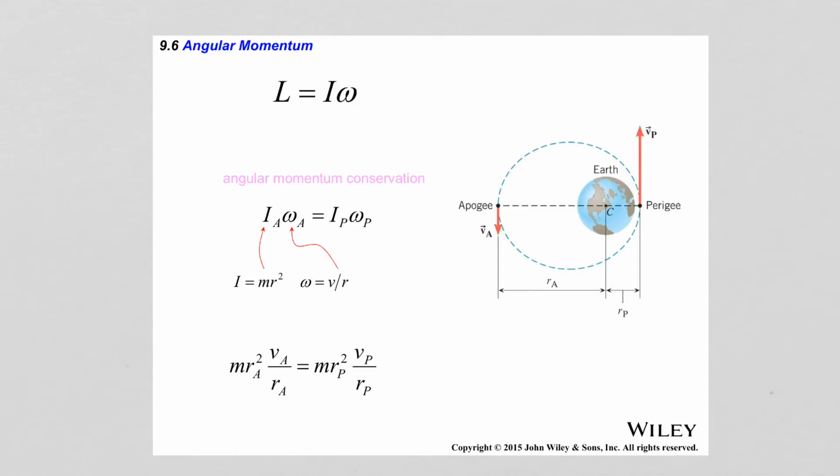It doesn't change anywhere around the orbit. That means that the angular momentum at the apogee must be equal to the angular momentum at the perigee. The angular momentum for a point particle, because the satellite is essentially a point particle with respect to the size of the Earth and the size of the orbit, is simply mr squared.